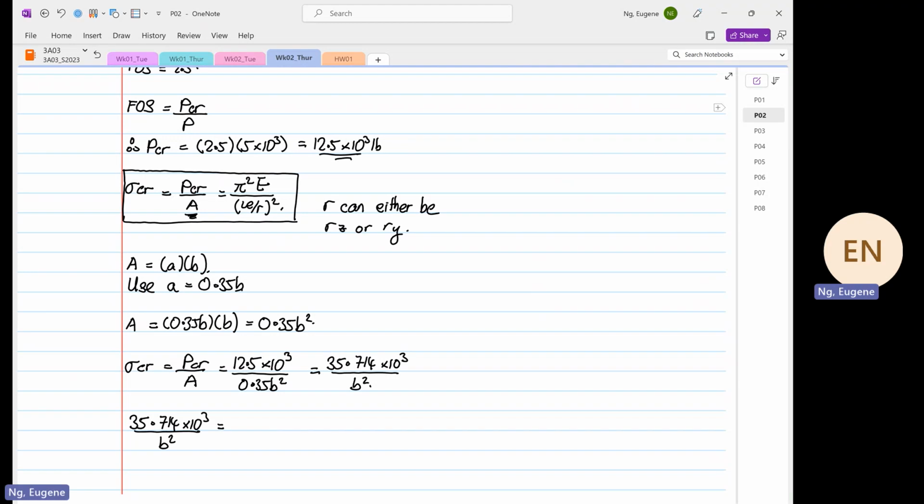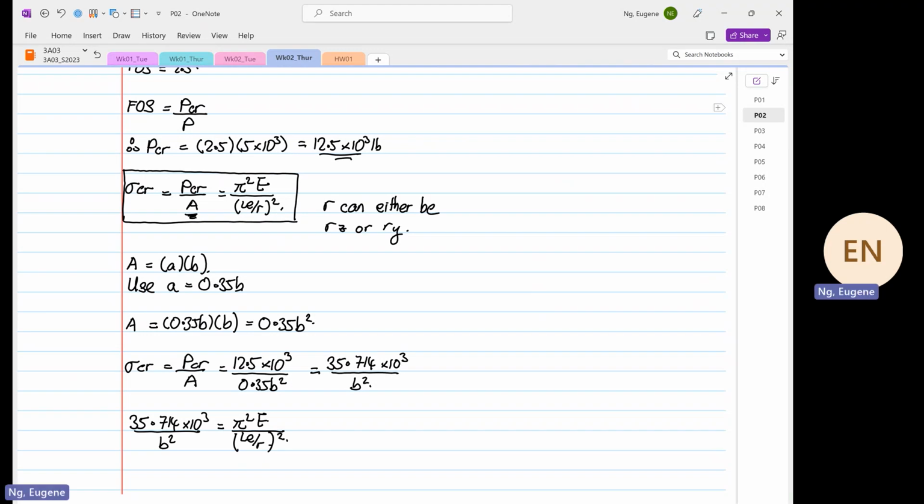Now this will be equal to pi squared, and then we have E, and then we have LE over, here we have our LE over r, and then the whole thing squared.